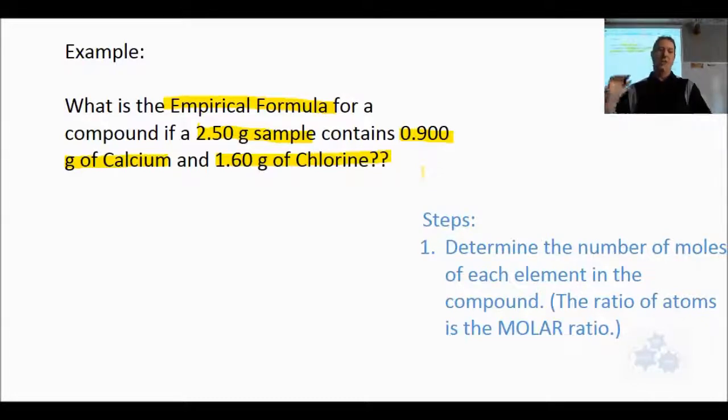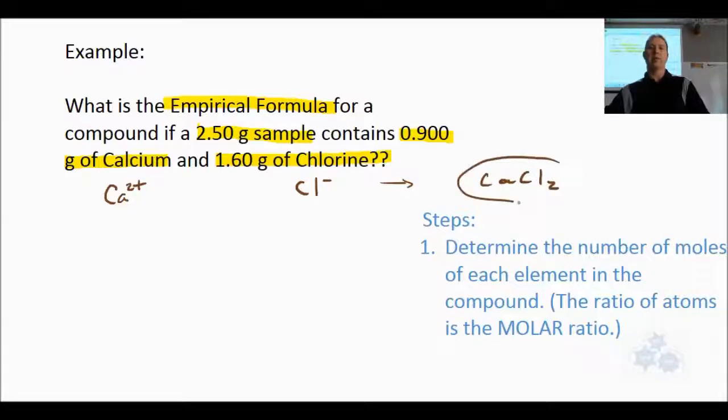Now, if you're just given the two elements and you're told that they are forming a compound, between calcium and chlorine, you already have an idea of what that would be, right? Because you know that calcium is 2 plus, chlorine is 1 minus, so it's probably going to be calcium chloride like this. Okay? Now that's what you've been told.